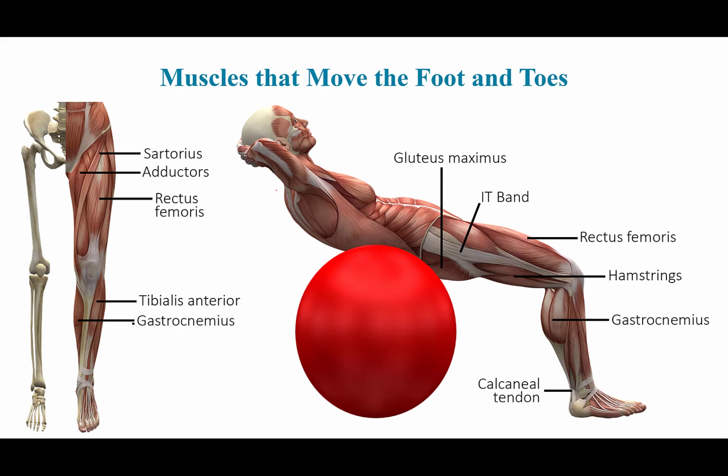Here's another view of the muscles that we talked about on the thigh. So we have the quadriceps group on the front here. We have the rectus femoris, it goes straight down, and then you have the vastus lateralis, vastus medialis, and vastus intermedius, which is deep to rectus femoris, and all of this forms the quadriceps.